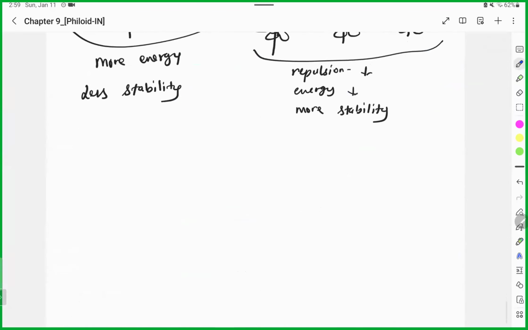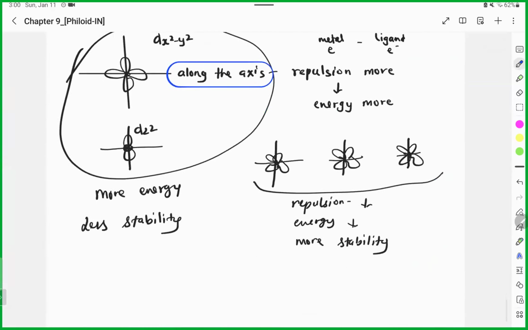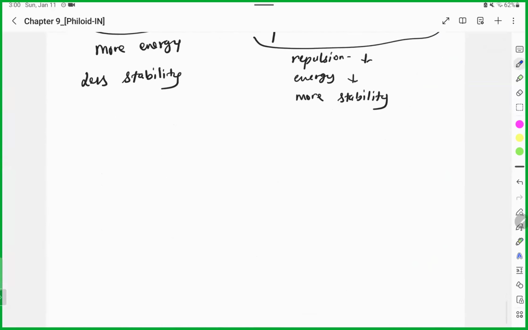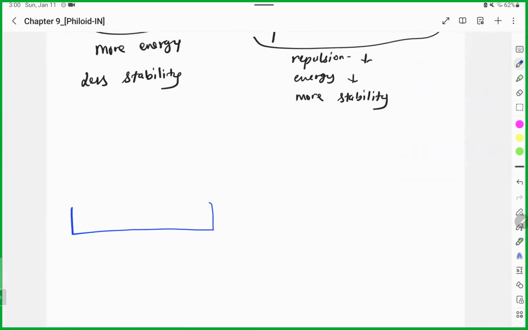Okay. So, if you understood this, then you know what is happening. You have 5 orbitals: 1, 2, 3, 4, 5.